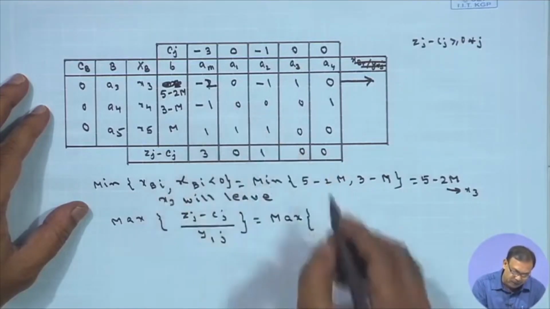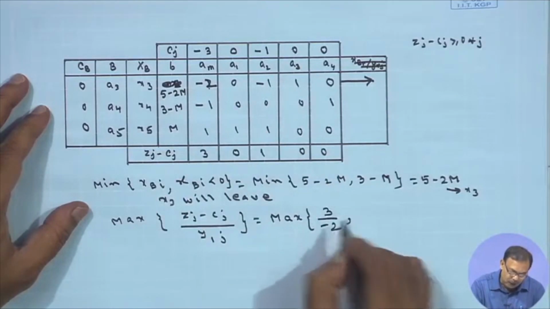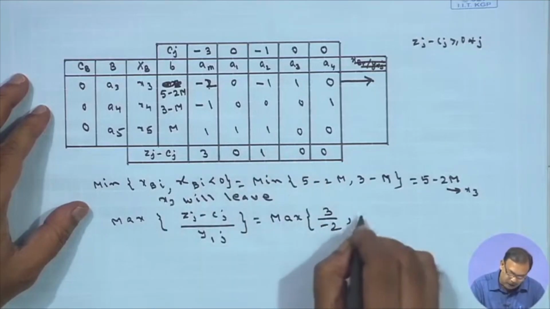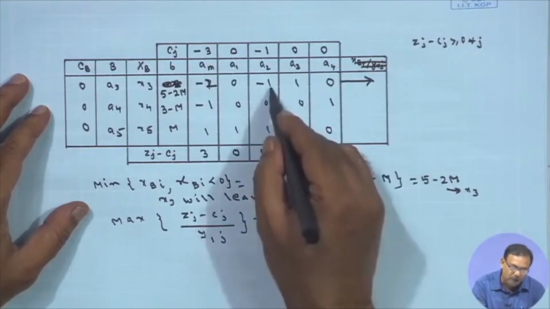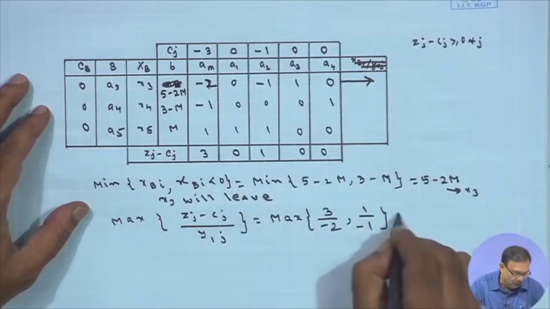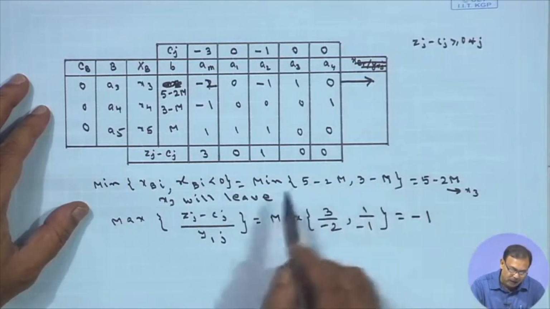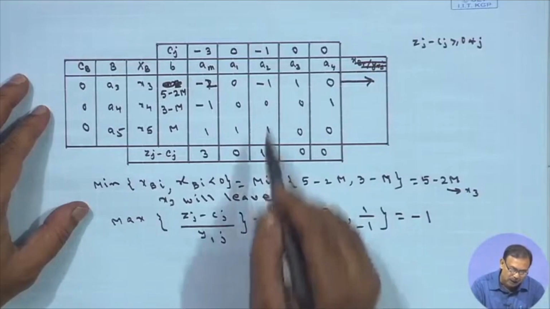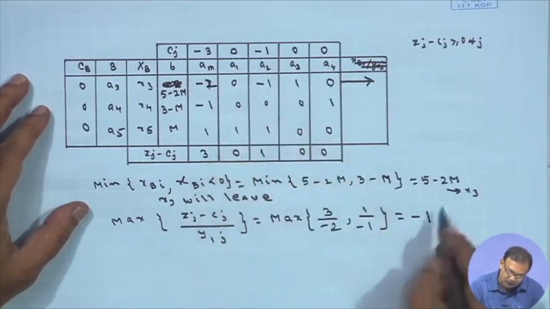So, it is 3 by minus 2 and the next one is 1 divided by minus 1. So, the maximum is minus 1, and minus 1 is occurring for which variable? This is for x2.